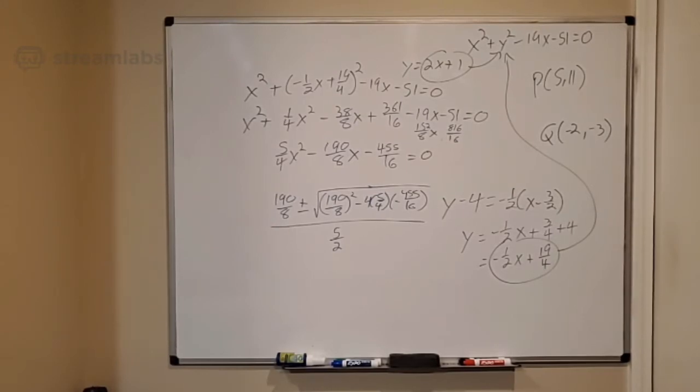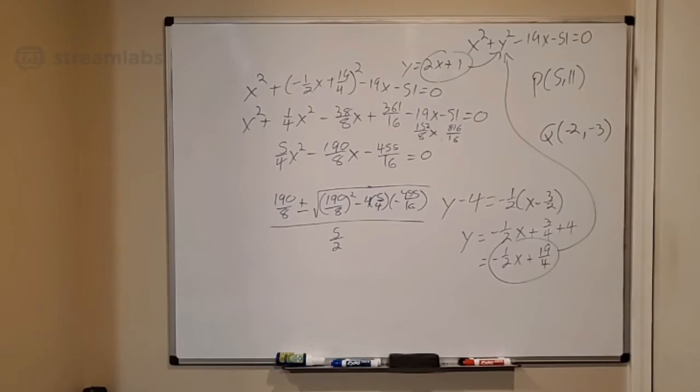Every time I tried to simplify this, it didn't work. That's because you're dumb. I'll do it real quick. So, parentheses 190 divided by 8, squared, minus 4 times 5/4 times negative 65, bless you.